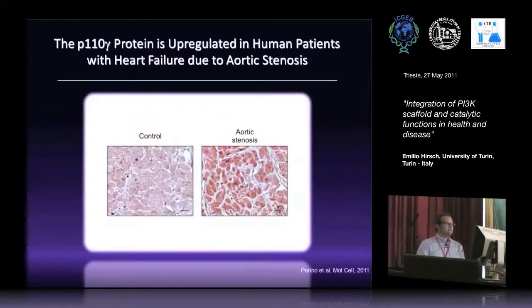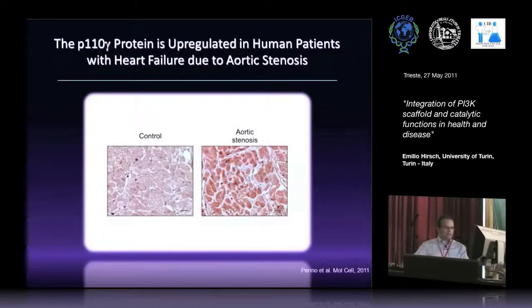And we think that this is indeed something crucial. We think that this is mediated by an upregulation of this enzyme in hearts. And we also think that this has a clinical relevance. Because you see here, we analyzed by immunohistochemistry PI3 kinase gamma expression in sections of human hearts of patients that presented aortic stenosis, so basically the kind of disease that we wanted to model with aortic banding.